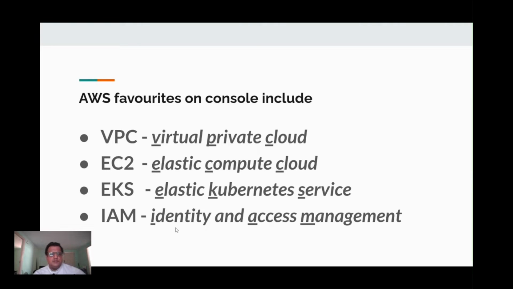As you know, VPC is virtual private cloud. It includes subnets, VNets, peerings, internal IP addresses, and internal domain names. So the subpart of EC2, you can say, is VPC. EC2 is nothing but your instances, virtual machines, as you call them in Microsoft.